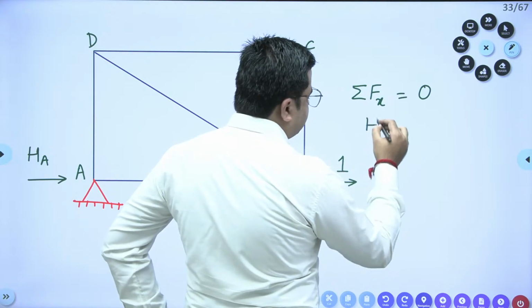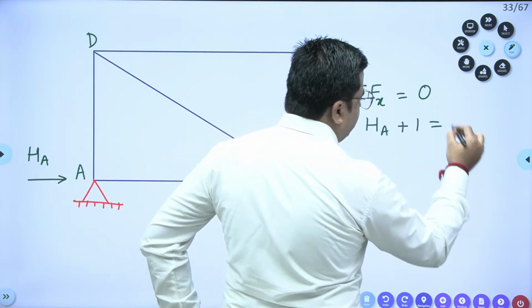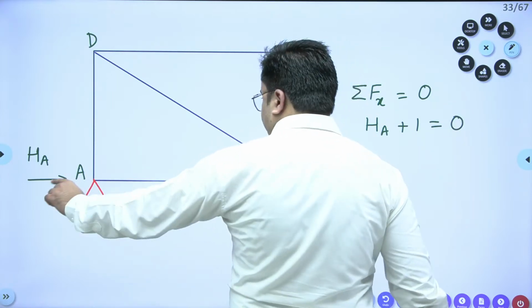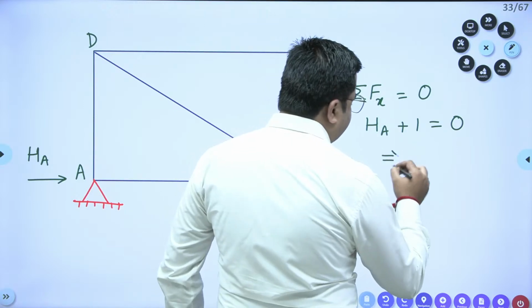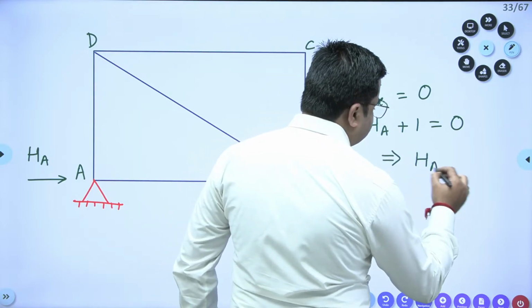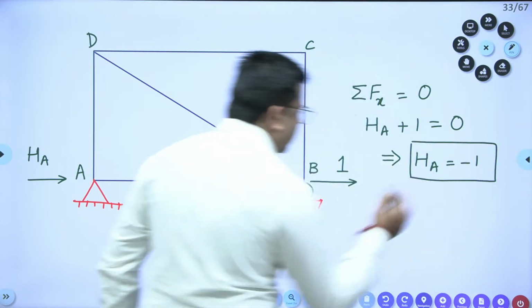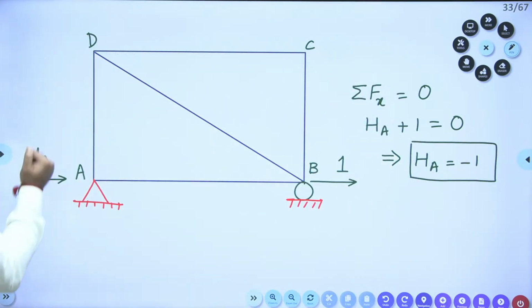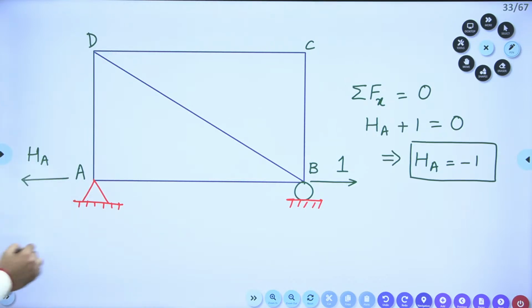So HA plus 1 is equal to 0. Whatever direction of HA we have assumed, HA will be acting in the opposite direction. So HA is minus 1, meaning HA is acting in this direction.